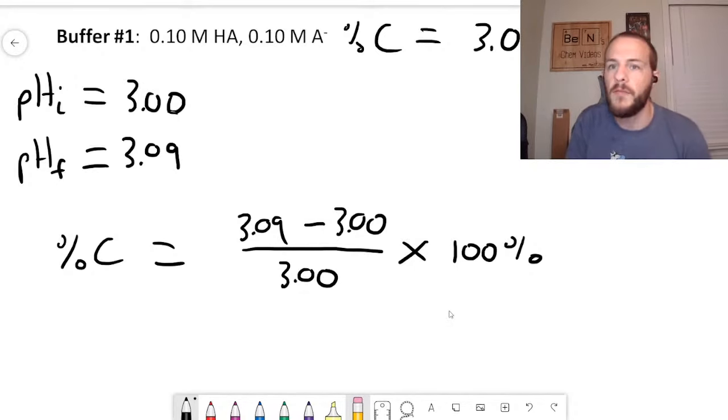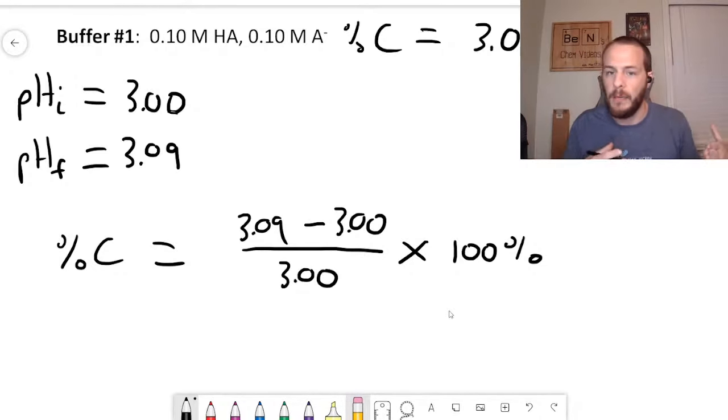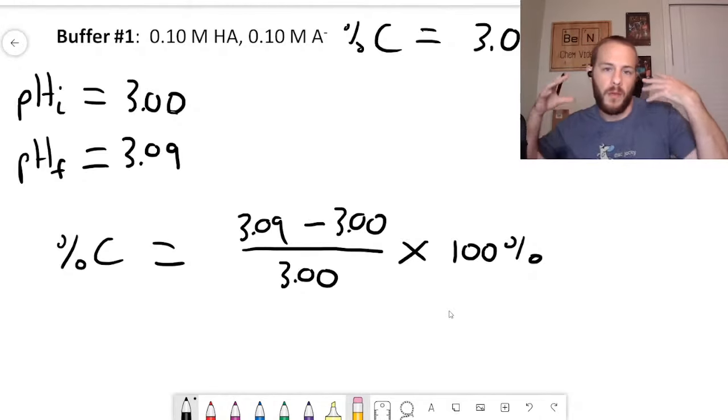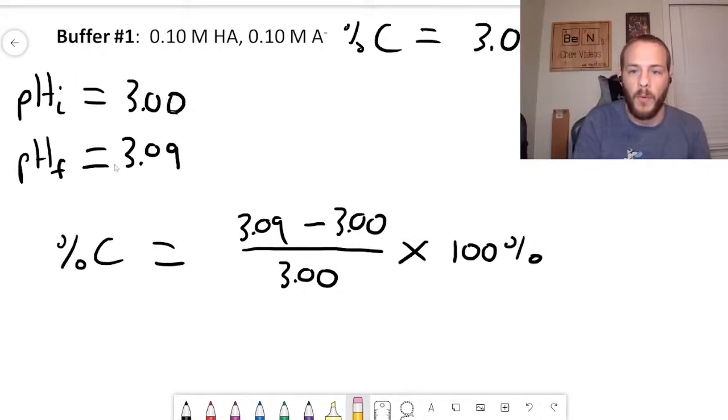Okay, so we have just figured out that if you have a buffer with 0.10 molar of the weak acid and its conjugate base, and that weak acid has a pKa of 3, then the percent change upon adding 0.01 moles of hydroxide ion is going to be 3.00%, right? So we just figured out the percent change in pH associated with buffer number 1, right?